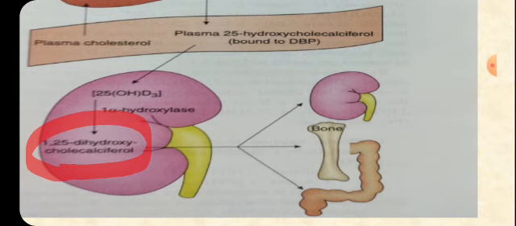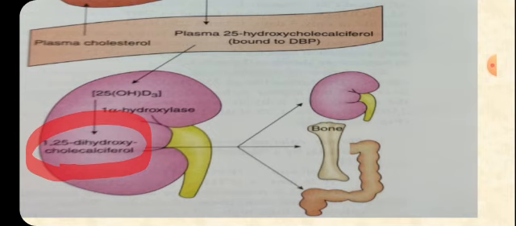Now, during the formation of 1,25-dihydroxycholecalciferol, there occurs some formation of another inactive or less active form of vitamin D3, that is 24,25-dihydroxycholecalciferol, which is a byproduct while activation takes place at the kidney.